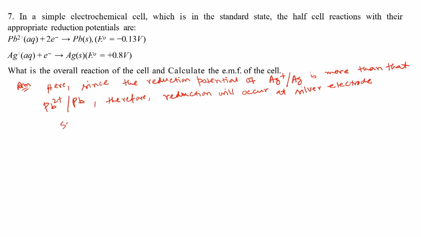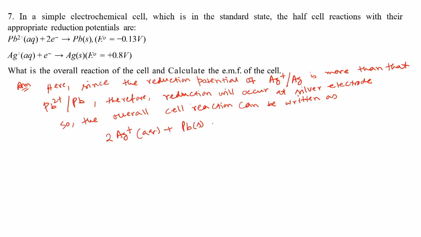So, the overall cell reaction can be written as twice Ag plus plus Pb gives twice Ag plus Pb 2 plus.